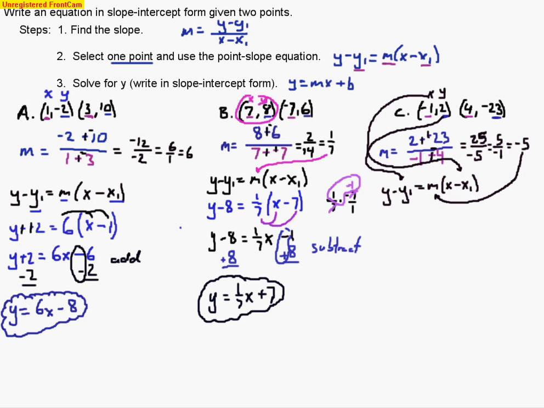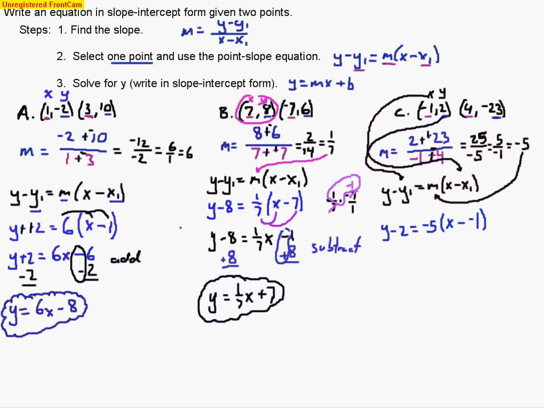So we go ahead and do that substitution, and we've got our equation in point-slope form. So y minus 2 equals the slope of -5 times x minus -1. So we do some more work there.